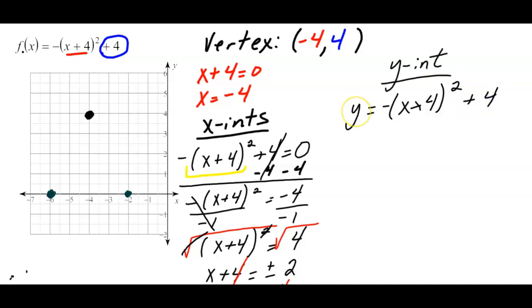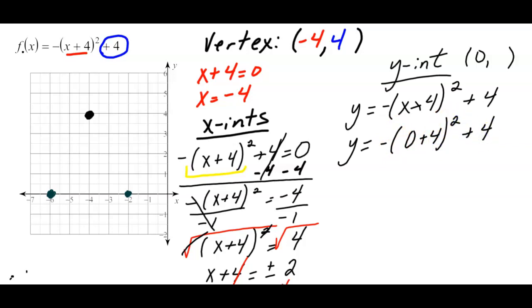You're going to put a 0 in for all your x's because we're looking for a y-intercept. So for your y-intercept, x is 0, and you have to find out what the y is. Y equals negative quantity 0 plus 4 squared plus 4.